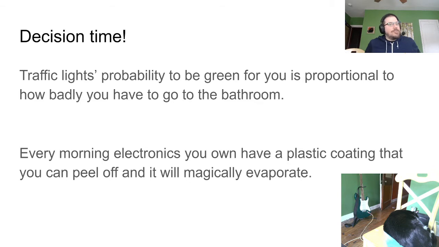Or every morning, electronics you own have a new plastic coating. Those like gossamer gentle angel wings. Every one of your electronics has a new plastic coating that you can peel off. You just peel it off, and then it magically evaporates. It doesn't create any waste. You just go, oh, and it goes out into the ether, and it's fine.